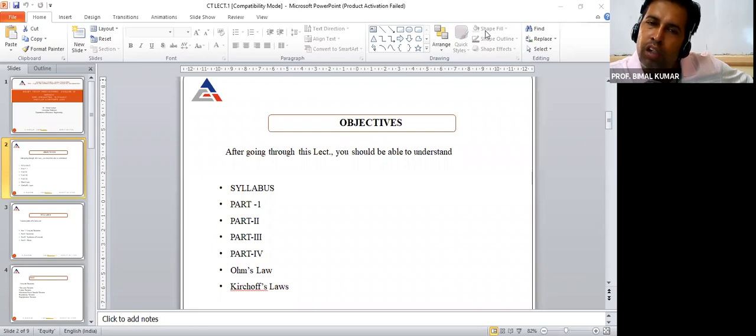Foster form and Cauer form, these two are different techniques for designing of the network. And for the analysis of the network, we are using different theorems.